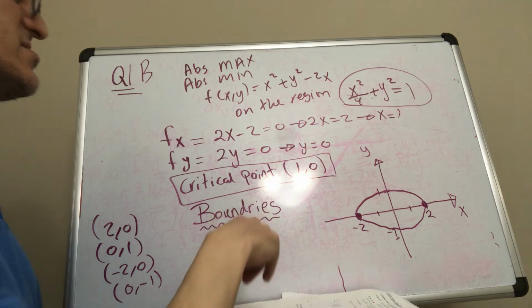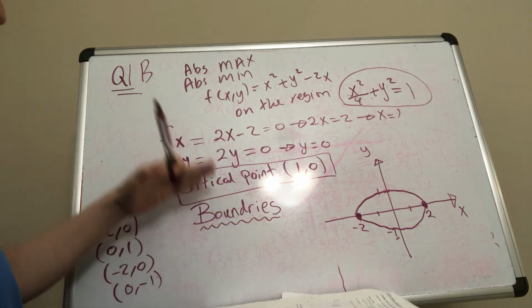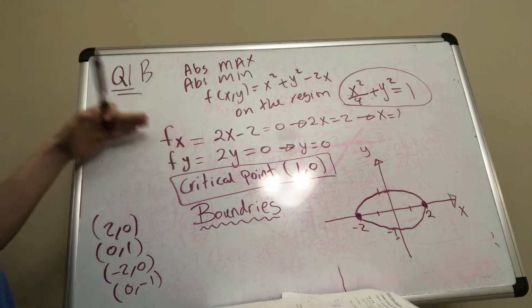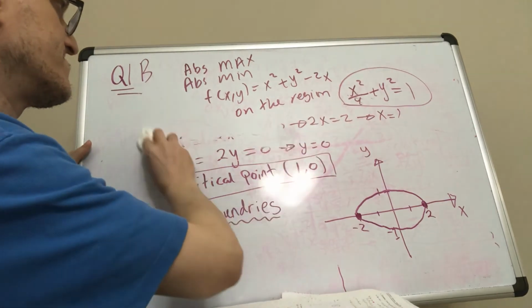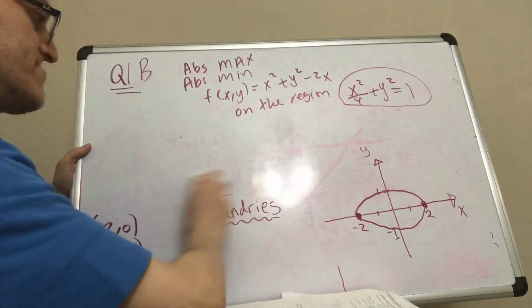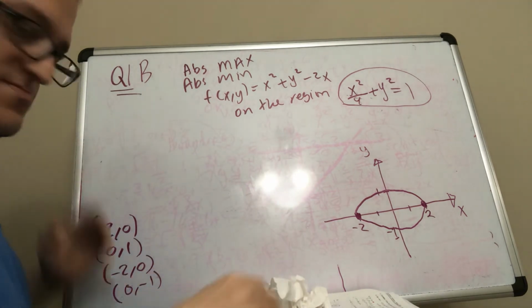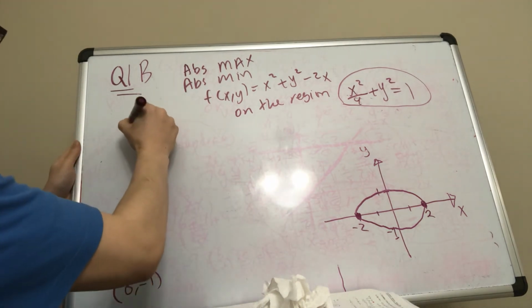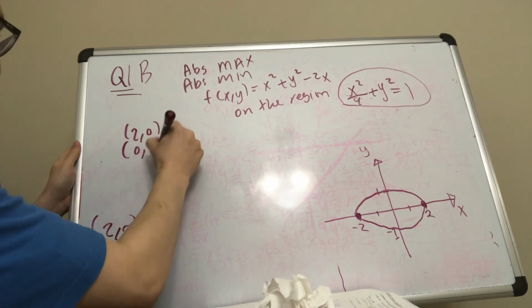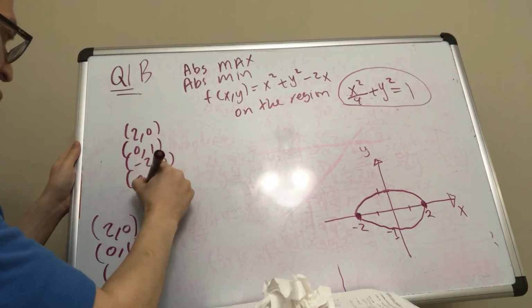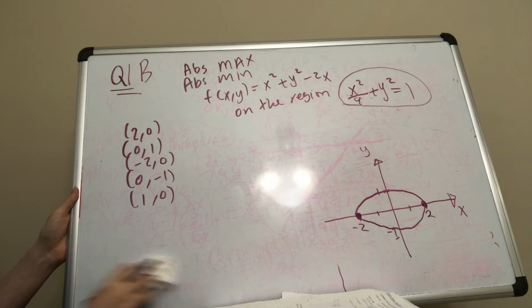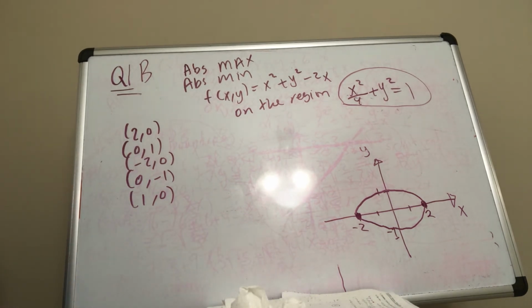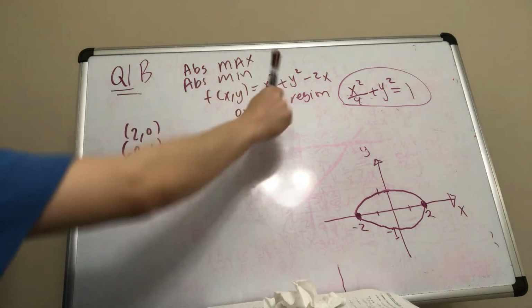So once you do this, you can take everything and plug it back into the original function. So you plug in the 2, 0, the 0, 1, the minus 2, 0, 0, minus 1, and the 1, 0, the critical point we found. You plug them all into the original function, which is this, all of them.